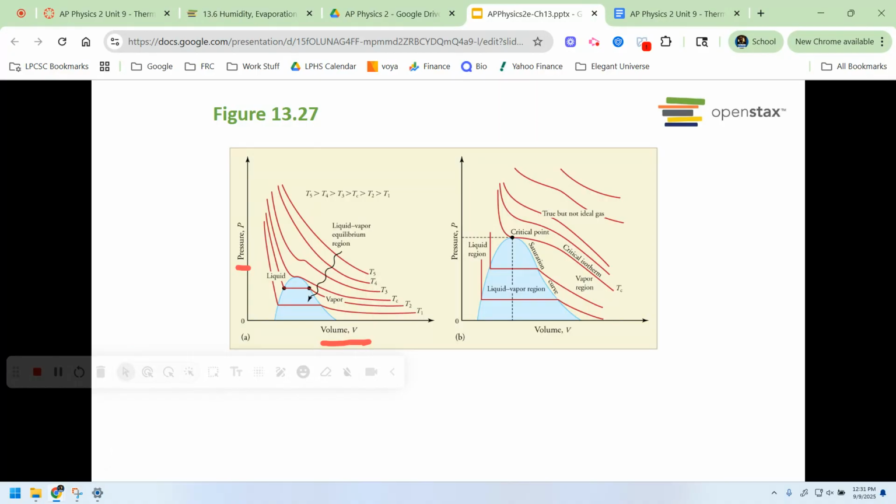If you decrease the volume, that can have an impact. And so if we zoom in, so B is like a zooming in of this region here, we see that there is a critical point, which is like the top of this hill, where lots of stuff happens. This is the saturation curve, and this is where a liquid slash vapor can exist.